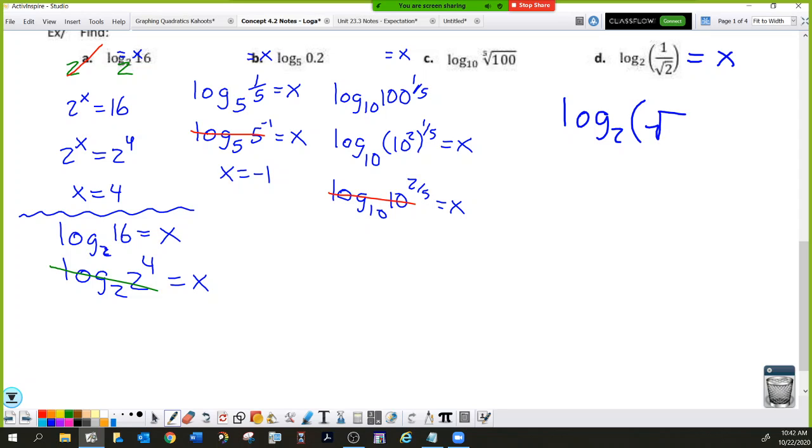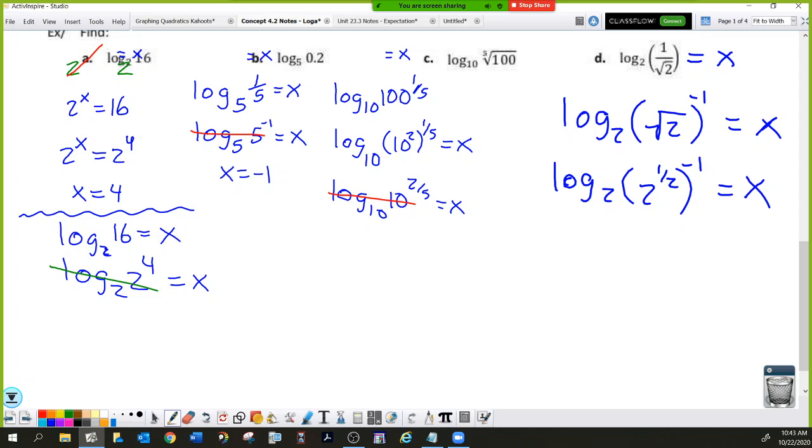So square root 2 raised to the -1. Cool. Oh, that's right. I need an exponential base 2 statement. Square root is what exponent? 1/2. So log base 2 of 2 to the 1/2 to the -1, again showing a lot more work than you need to, but there it is.